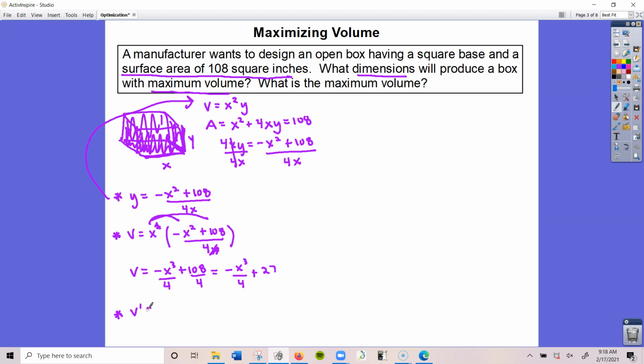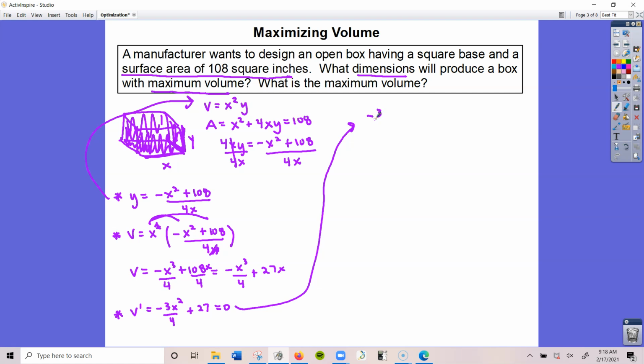So v prime is going to equal negative 3x squared over 4. That's it. Oh wait, isn't this x? Sorry. So plus 27. And now we make this equal to 0. So let's solve for x. So we can subtract the 27.